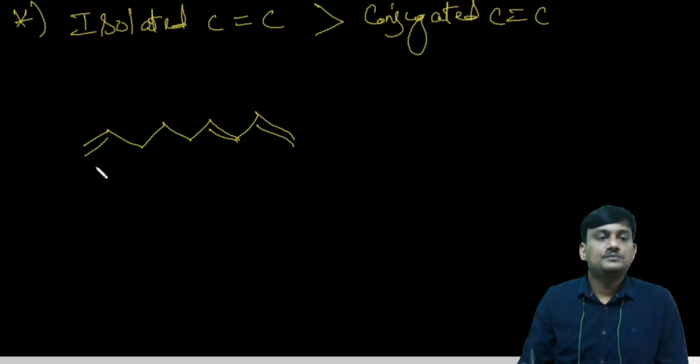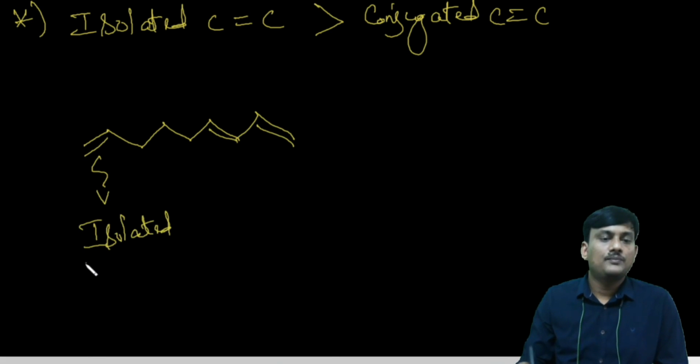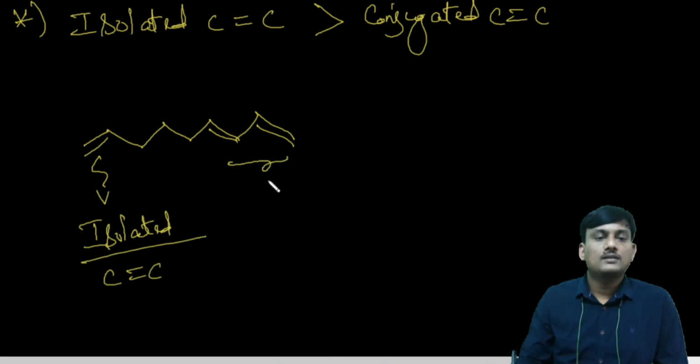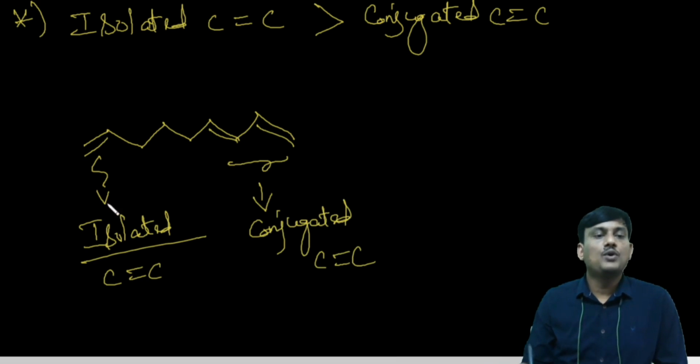Here this one is isolated C=C. These two are conjugated C=C. So the isolated is more reactive.